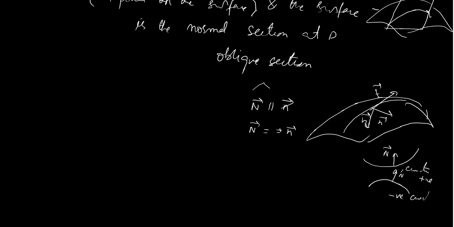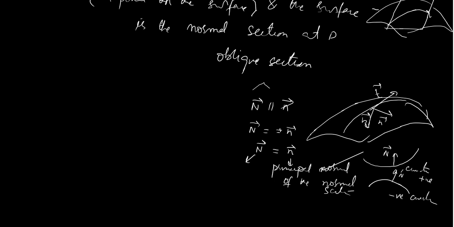So by this choice, n is equal to N, where n is the principal normal of the normal section, and of course this capital N is the unit surface normal at a point.